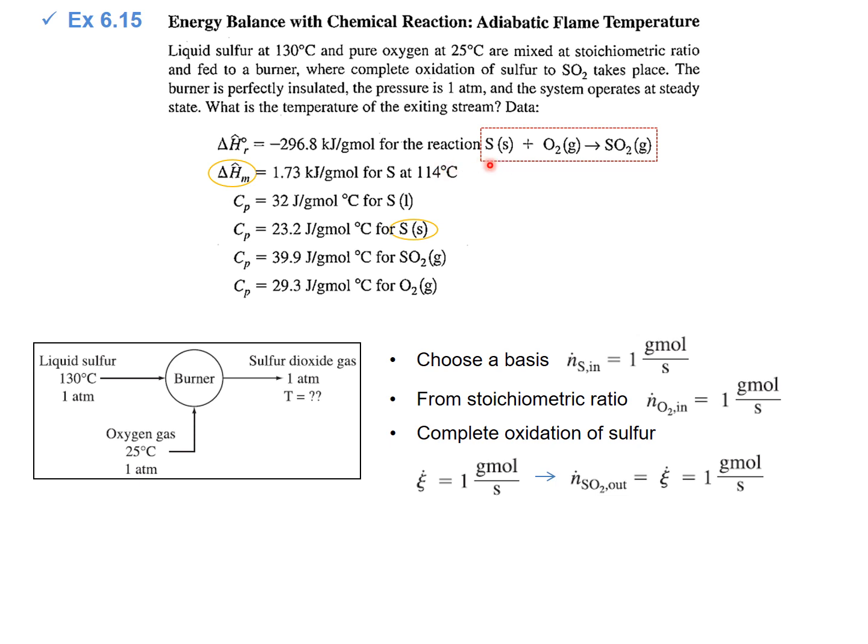The feed ratio between sulfur and oxygen is stoichiometric, and they react completely with each other. Finally, all of S and O2 goes to SO2 in gas phase. So we have 1 gram mole per second S, which means 1 gram mole per second oxygen, and 1 gram mole per second sulfur dioxide gas. This is the mass balance.